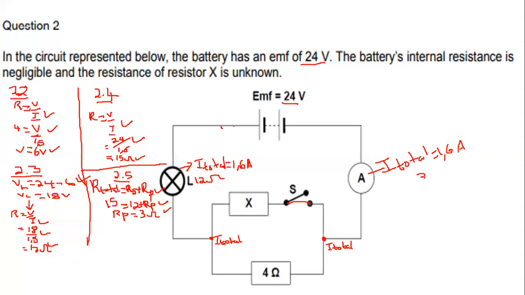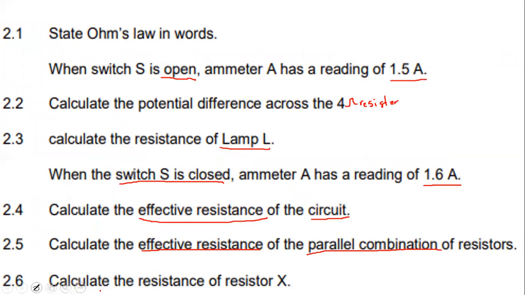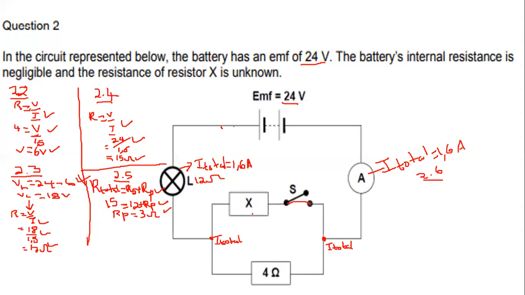So now we are going to answer question 2.6. In 2.6, we are being asked to calculate the resistance of resistor X. So we want to know what is the value of that resistance.